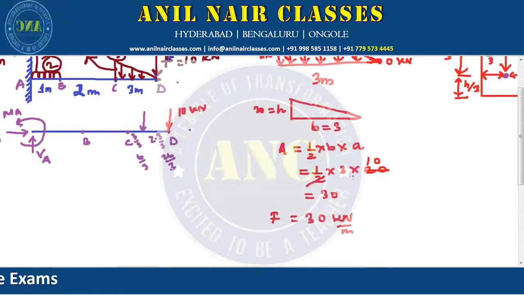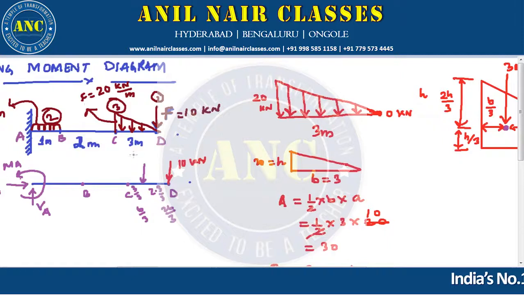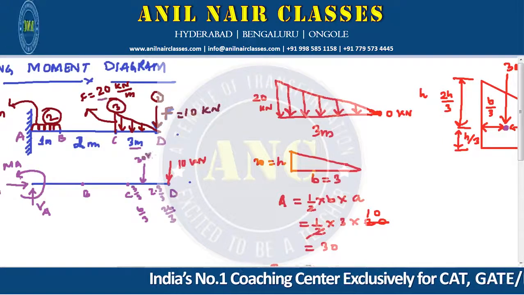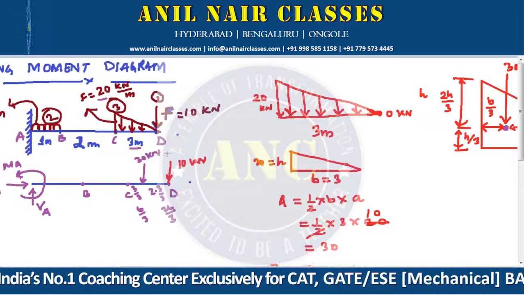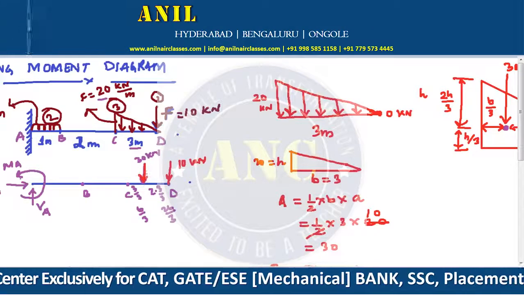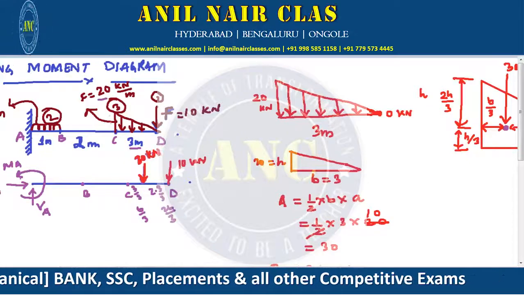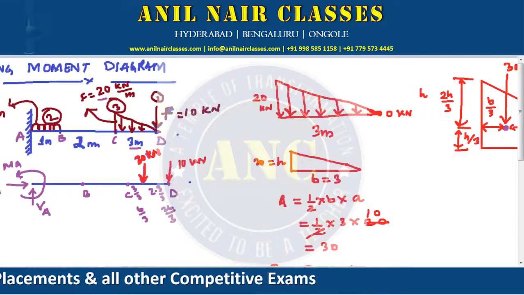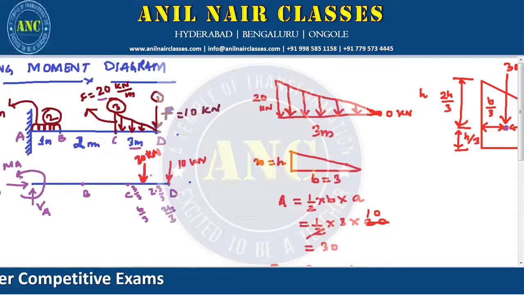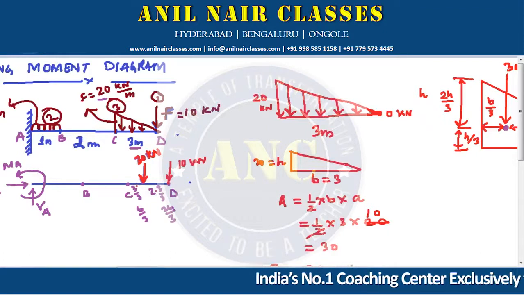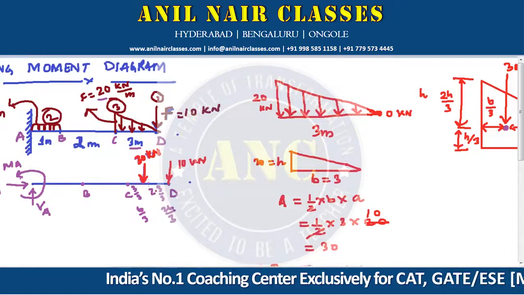Half into 3 into 20 will give 30 kilonewton. So 30 kilonewton will be acting at this point. If we go to measure from this side, from the 10 kilonewton side, from D, then it will be at a distance of 2B by 3. If you go from the point of C, it will be B by 3.